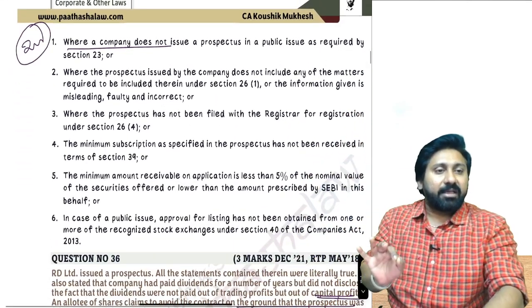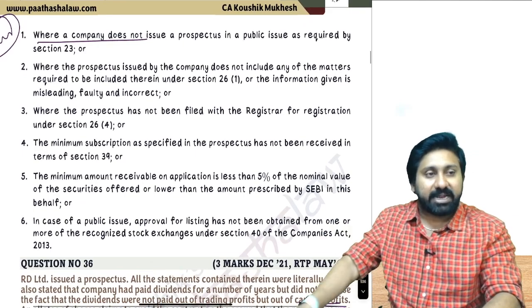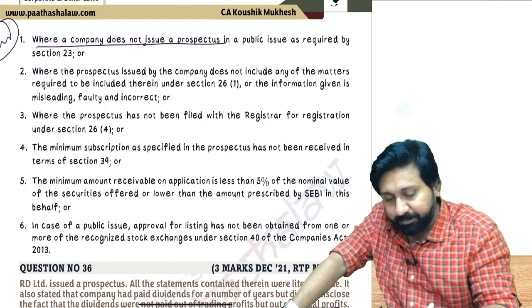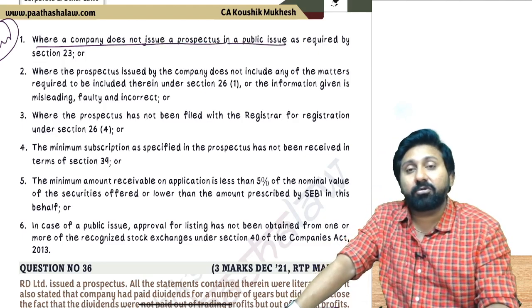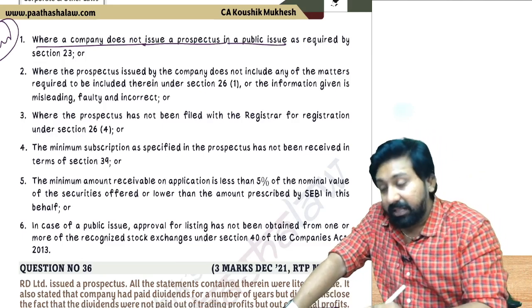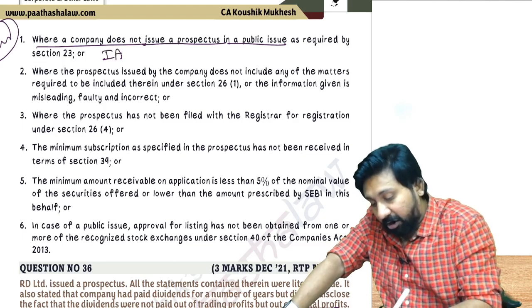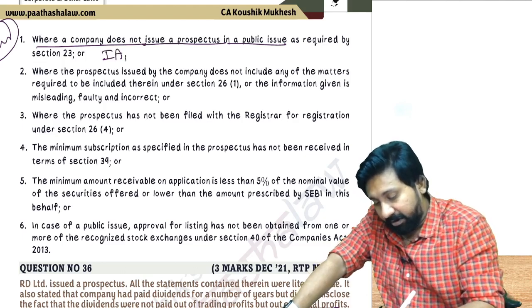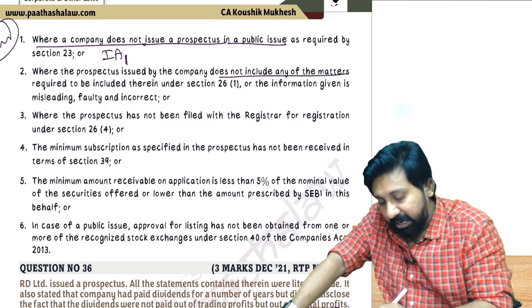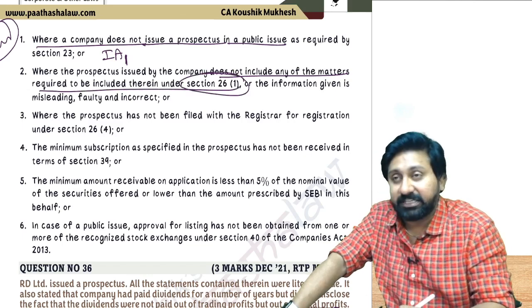These six are the situations of irregular allotment. Number 1, where a company does not issue a prospectus in a public issue. That means without issuing a prospectus, it went for a public offer. That's the first case of irregular allotment. Number 2, where the prospectus issued by the company does not include the matters required to be included under 26(1).